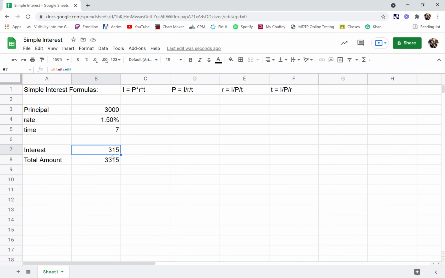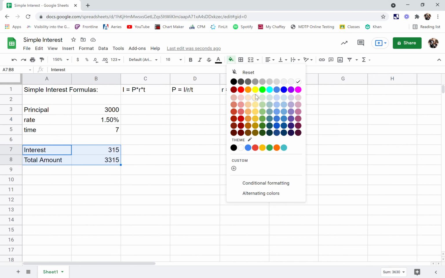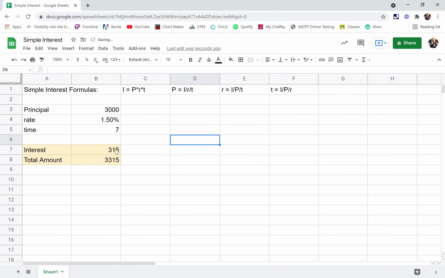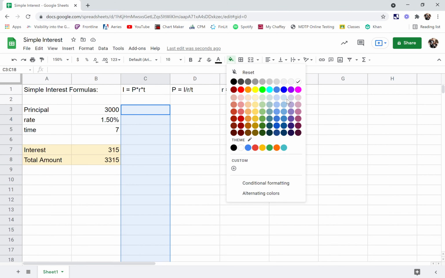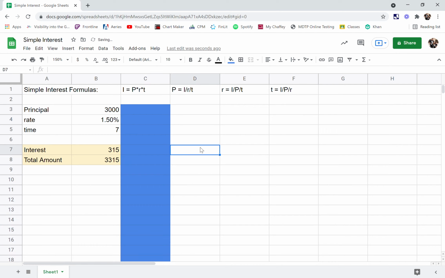The formulas are typed in, they need to stay the way they are. So I'm going to highlight these cells right here and fill those in with whatever color you want. And choose that.